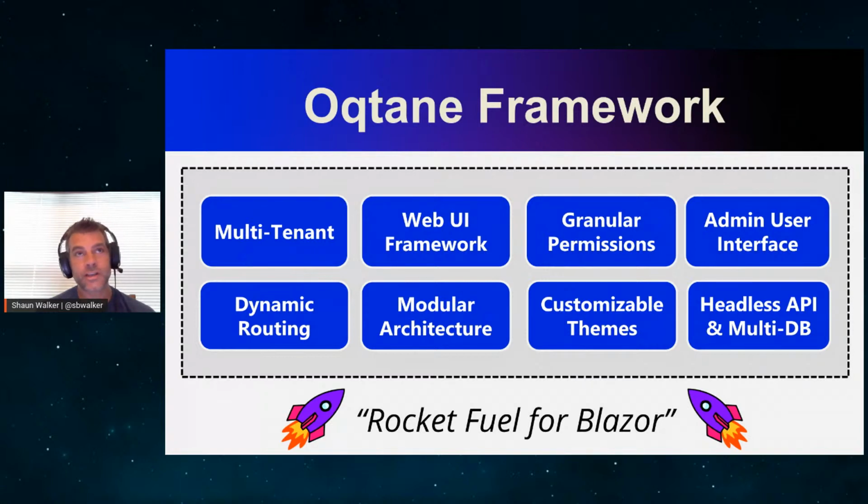A modular architecture, meaning you can build applications that plug in to the framework very simply and easily. And those modular applications can be completely separate and isolated from the framework itself, which allows you to update and maintain the framework independently from your own applications.